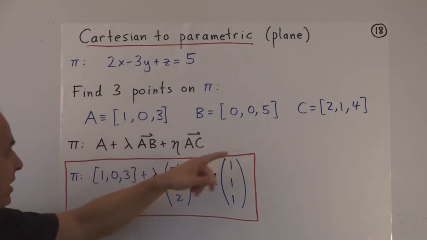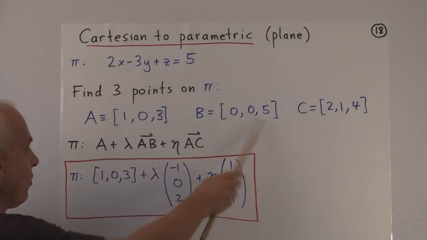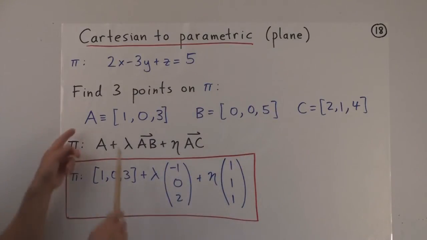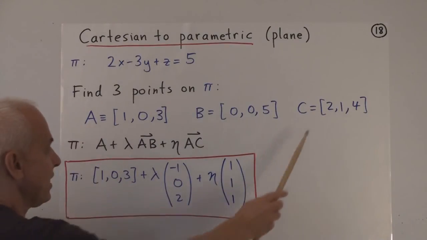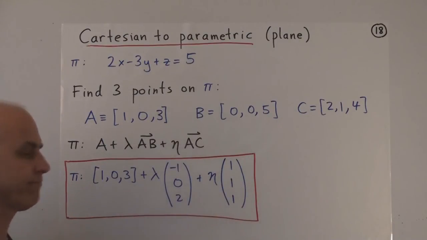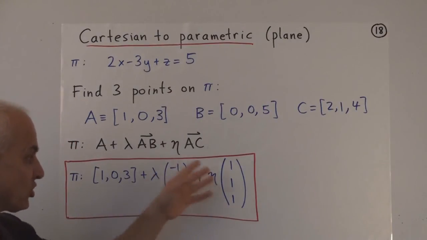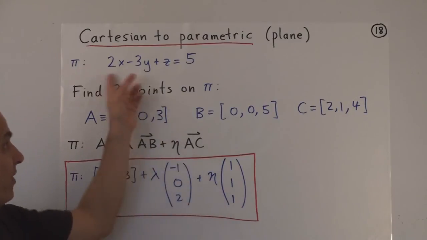The vector AB, this minus this, is minus 1, 0, 2. And the vector AC is this minus this, that's 1, 1, 1. So there's an example of a parametric equation, which is of course much less canonical than this one.